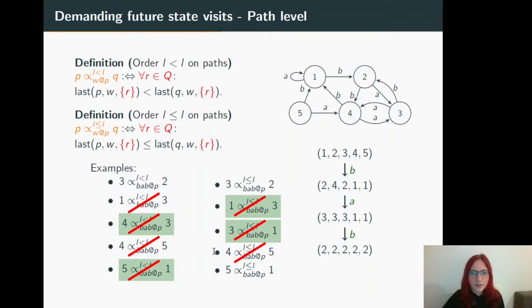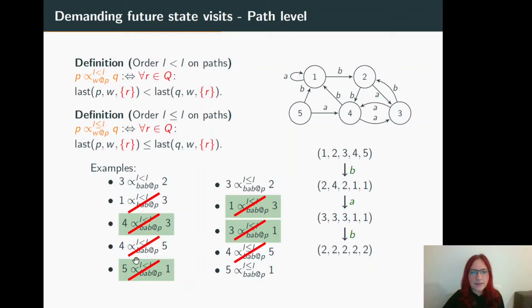And also one difference is that if we consider the previous case on sets, we would have that for the strictly smaller case, the state 5 is related to the state 1, since the state 1 later appears without the state 5. But this is no longer true on paths in the strictly smaller case, because in the strictly smaller case, we demand that the last position of the bigger state is strictly bigger than the last position of the smaller state.